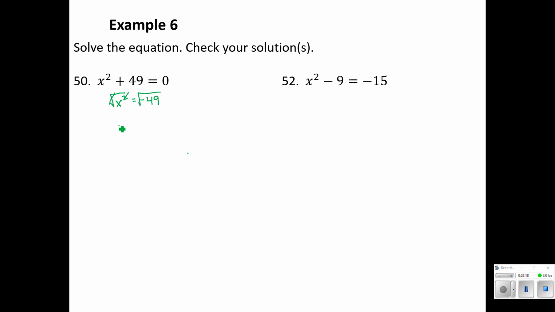Now we're taking the square root as a step in problem solving, so that's plus or minus. And then the square root of negative 49 is like the square root of negative 1 times the square root of 49. The square root of negative 1 is i, the square root of 49 is 7. So my solution is plus or minus 7i.